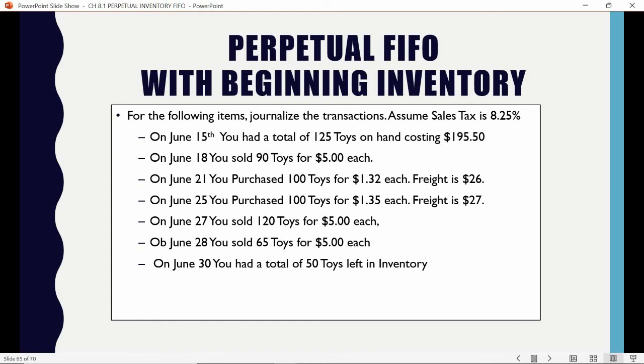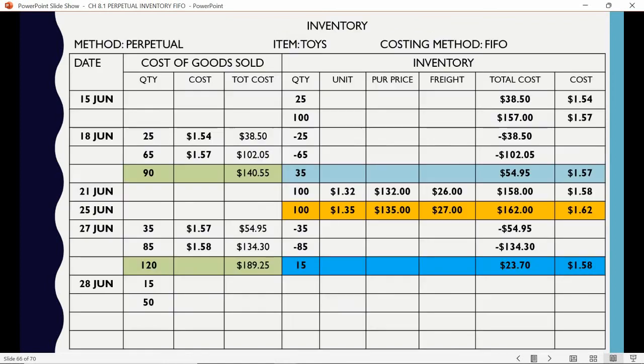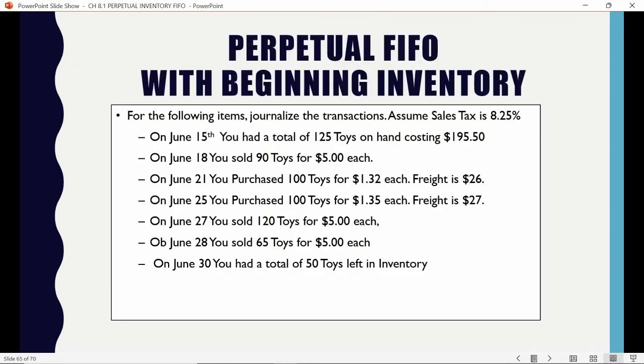Then, of course, June 28, we end up selling another 65 units, which left me with a total of 50 units on June 30th. So I need to sell another 65.